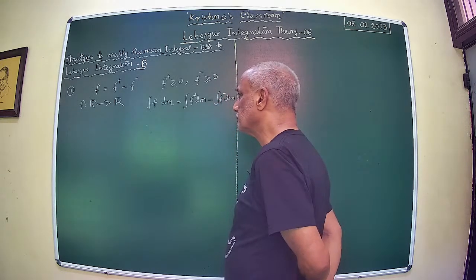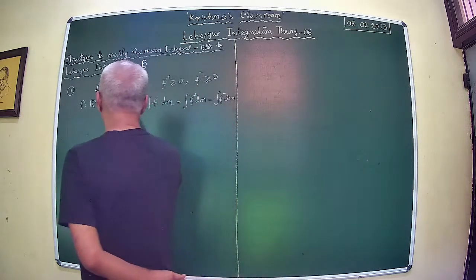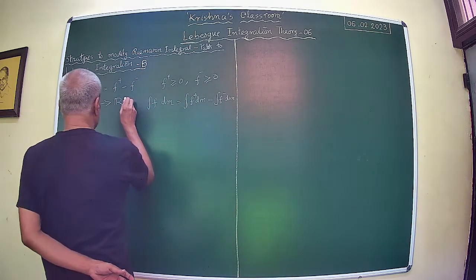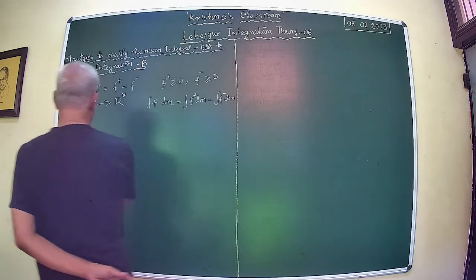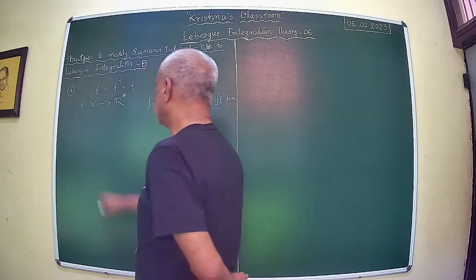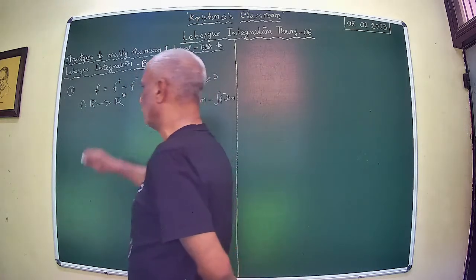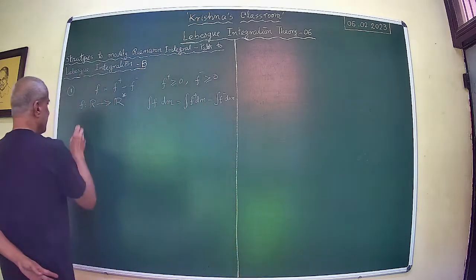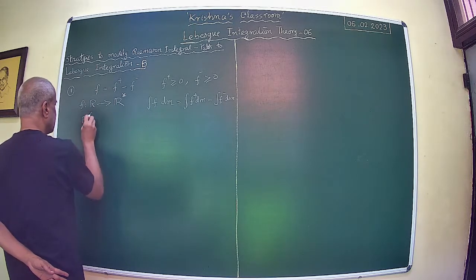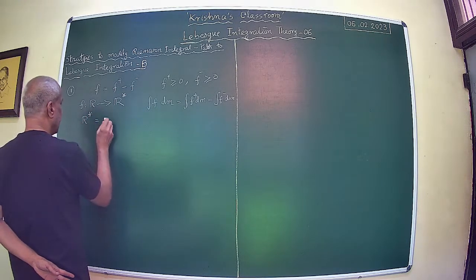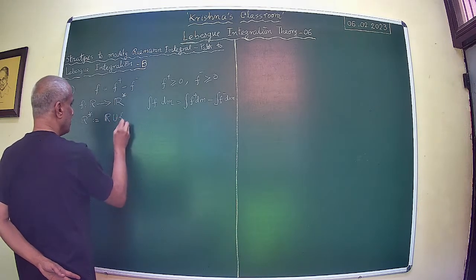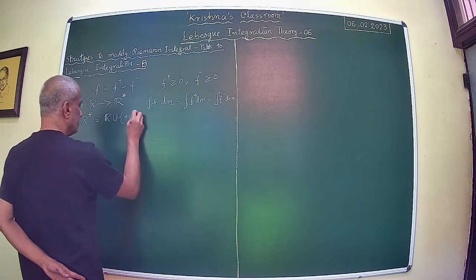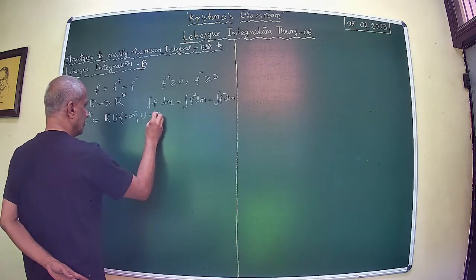In fact, f is considered as an extended real valued function. What does it mean? R star we are taking as R union plus infinity union minus infinity.